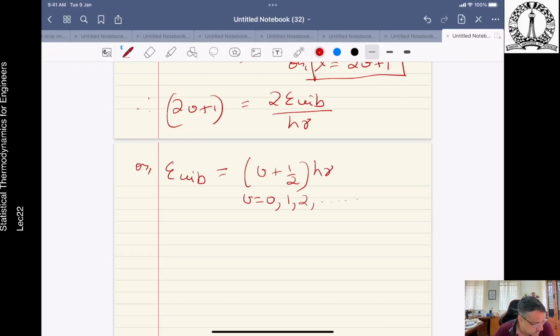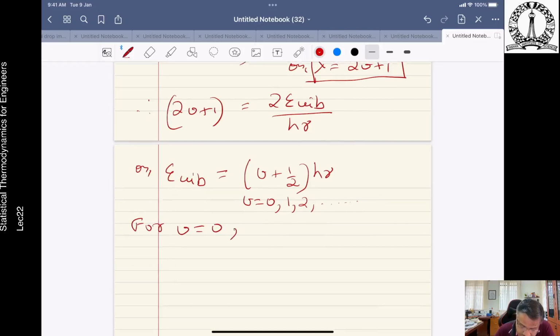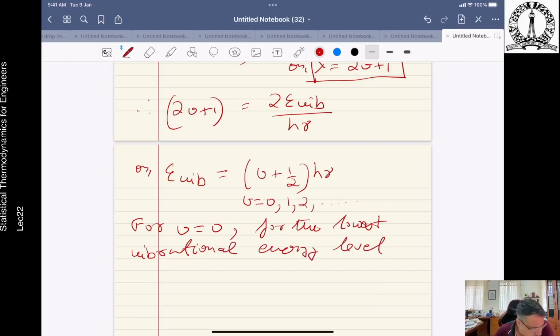For v equal to 0, that is for the lowest vibrational energy level, the zero point energy is E vibrational equal to half h nu.